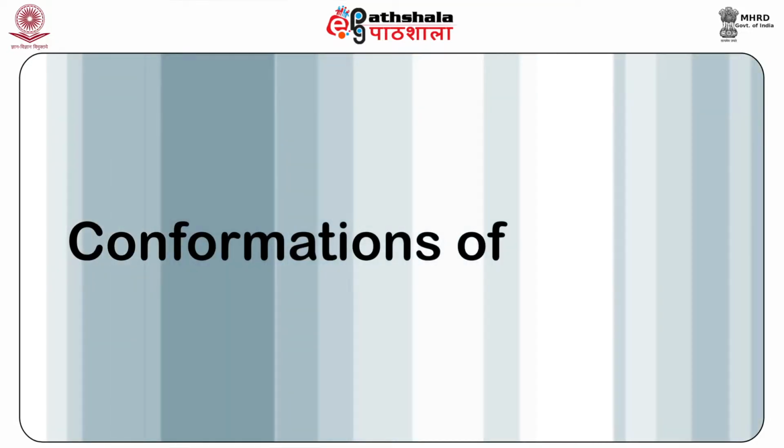Let us now talk about the conformations of decalin. Decalin has two cyclohexane rings fused together, and you know that these cyclohexane rings are more stable in their chair conformations. So, it is expected that the two fused cyclohexane rings in decalin should exist in their chair form.